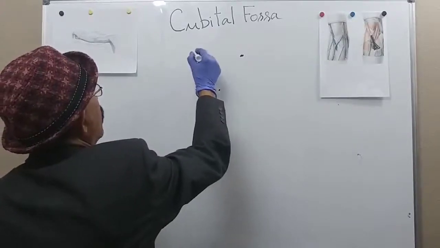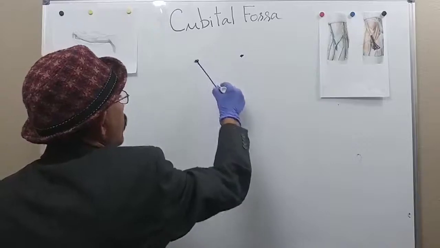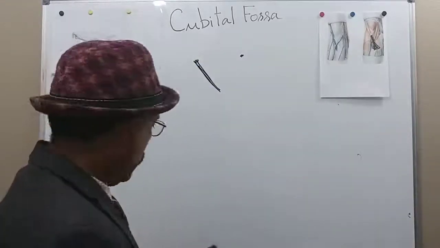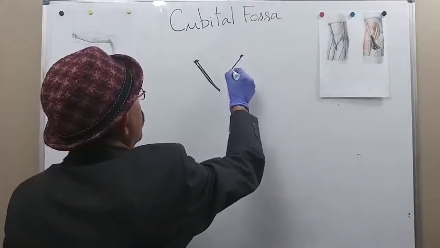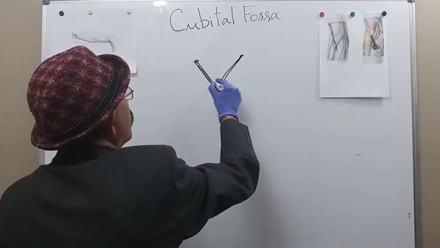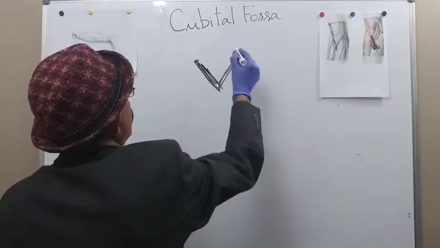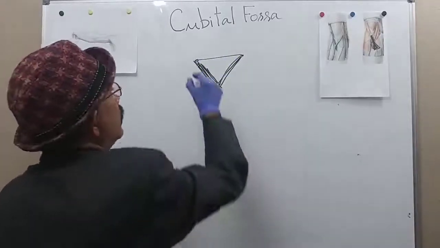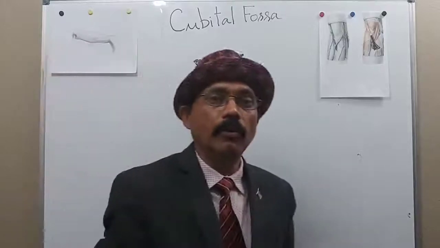This is the lateral epicondyle, medial epicondyle, and this is the brachioradialis. This is the pronator teres, and this is the imaginary line connecting the lateral epicondyle and medial epicondyle. We have the boundary.